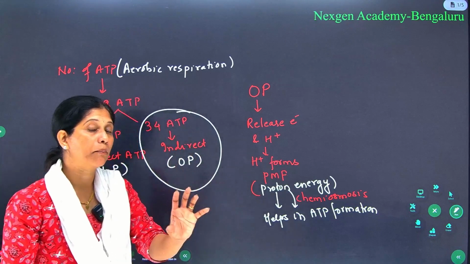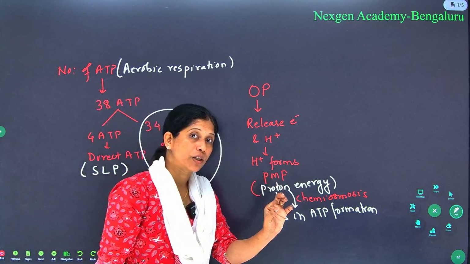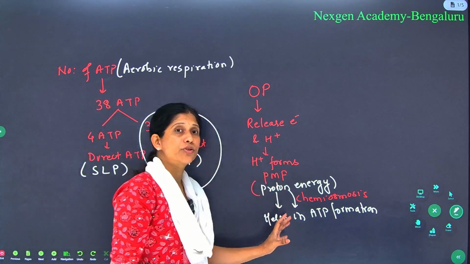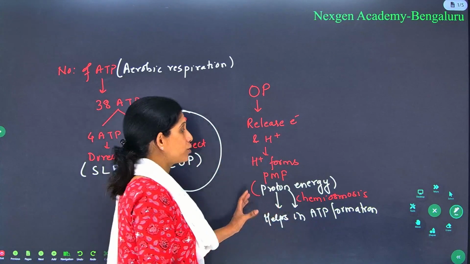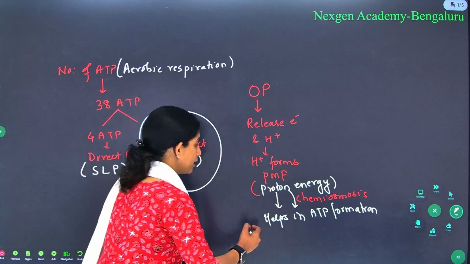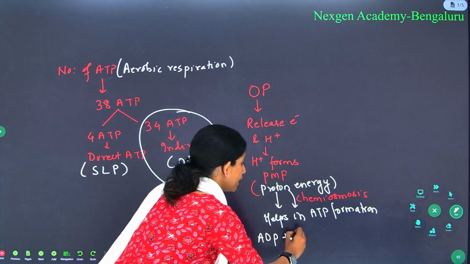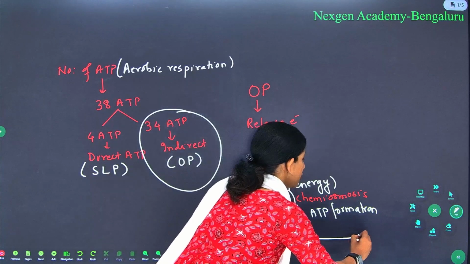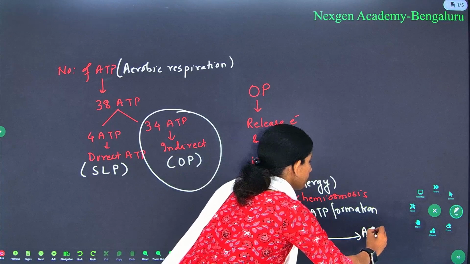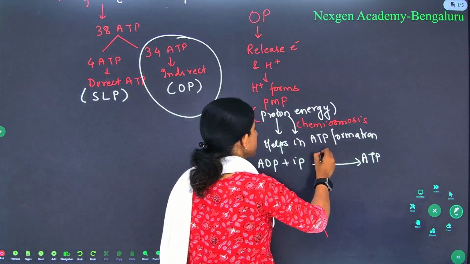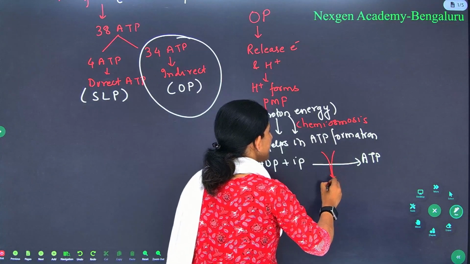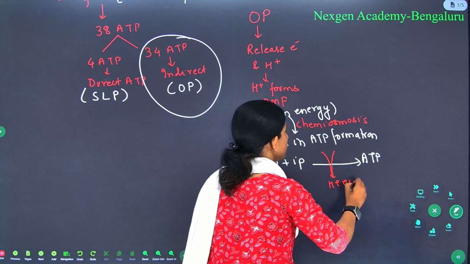So the ultimate conversion of ADP to ATP, in equation form, ADP plus inorganic phosphate gives you ATP, is guided by the proton energy.